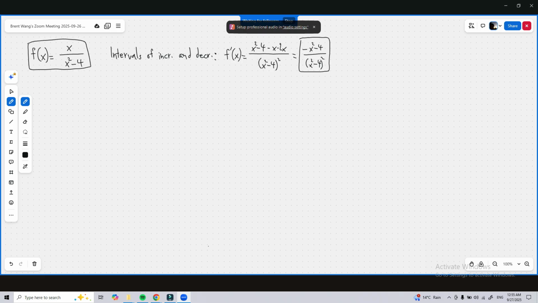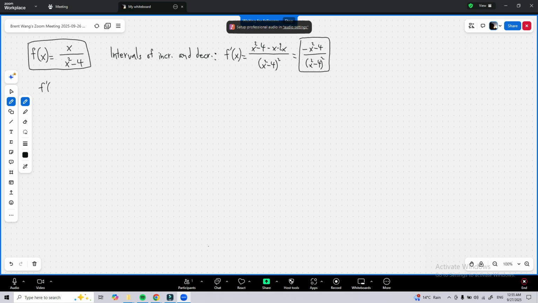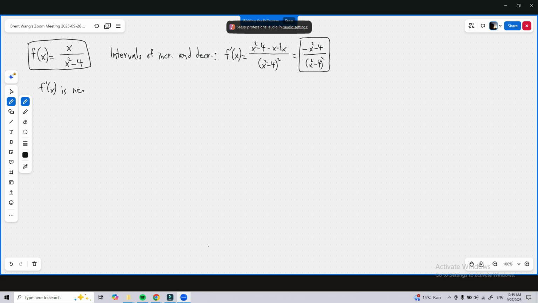So, therefore, f prime of x is negative for the entire domain of f.